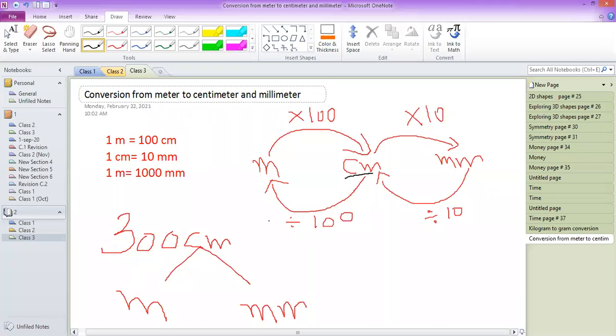To convert it into meter, you will divide by 100, and to convert it into millimeter, you will multiply by 10, because 1 centimeter is equal to 10 millimeter. But for meter, you need to divide by 100, because there are 100 centimeter in 1 meter.